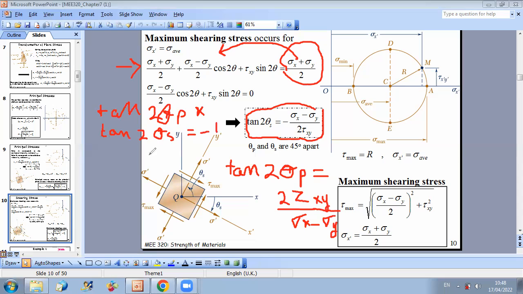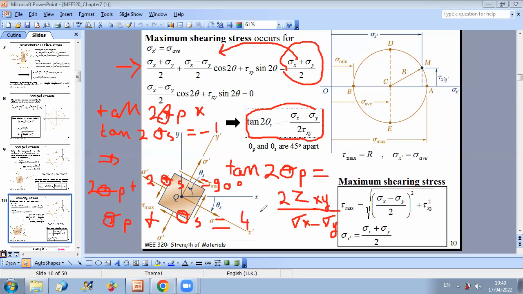Okay, so we deduce that 2 theta p plus 2 theta s equals 90 degrees, and this means that theta p plus theta s is equal to 45.